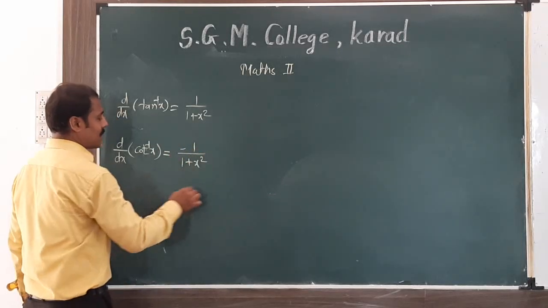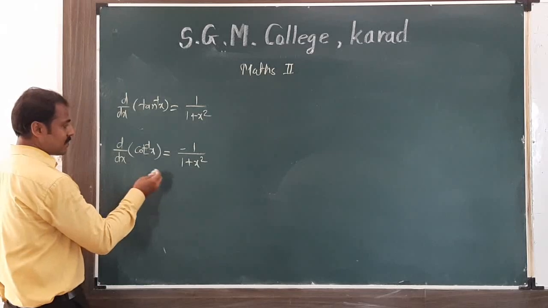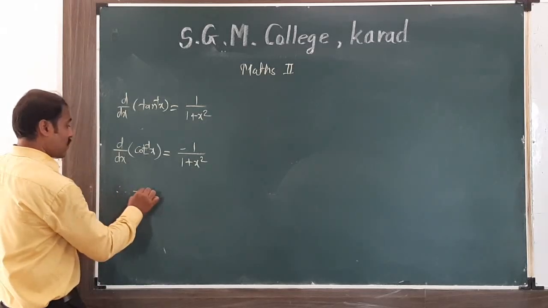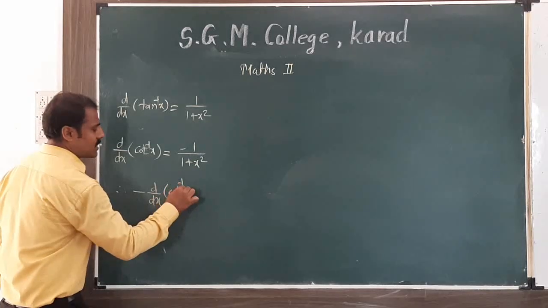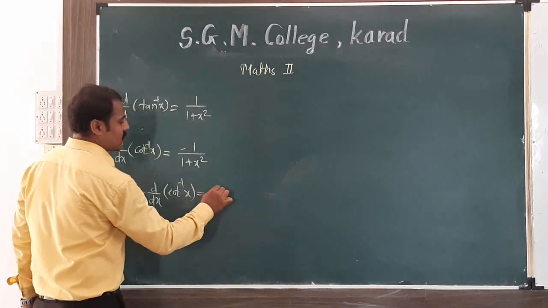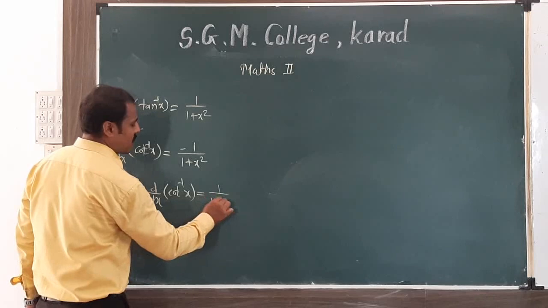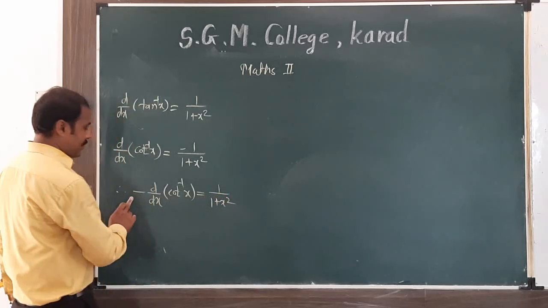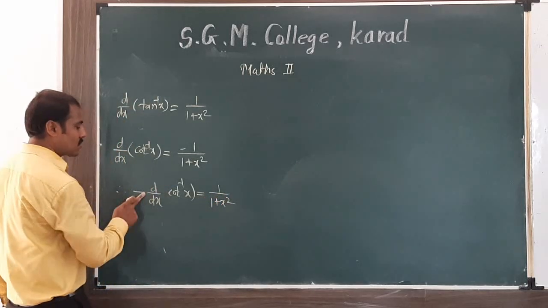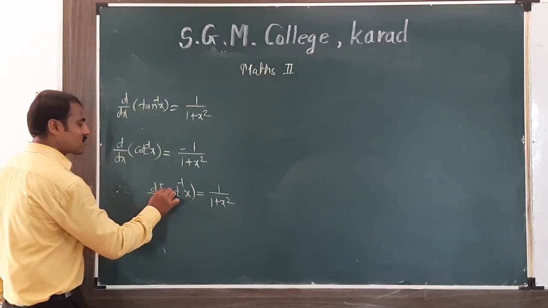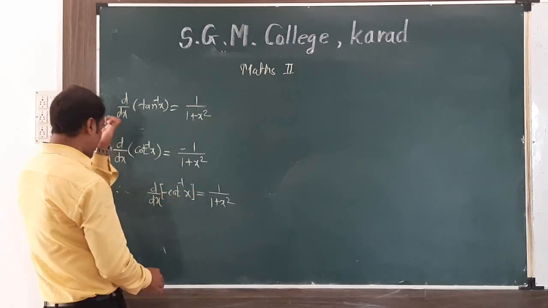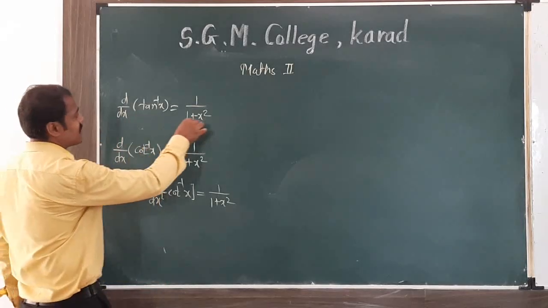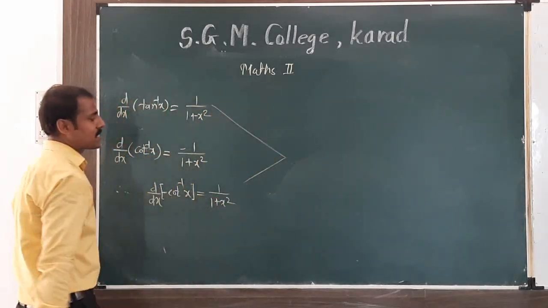Multiplying both sides by minus 1, so minus d/dx of cot inverse x is equal to minus minus becomes plus 1 upon 1 plus x square. Taking the minus sign inside the derivative symbol, d/dx of minus cot inverse x is 1 upon 1 plus x square, and here d/dx of tan inverse x is 1 upon 1 plus x square.